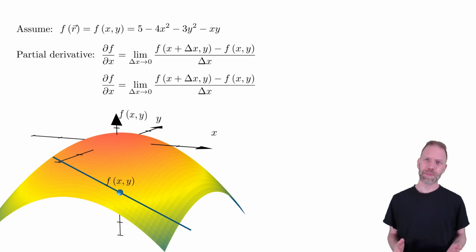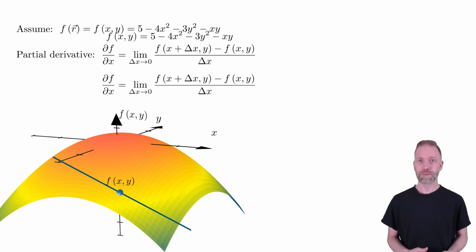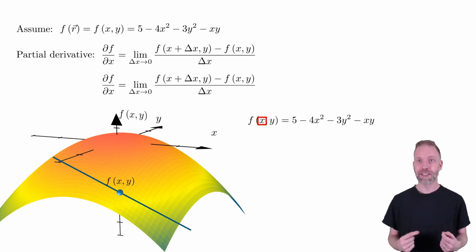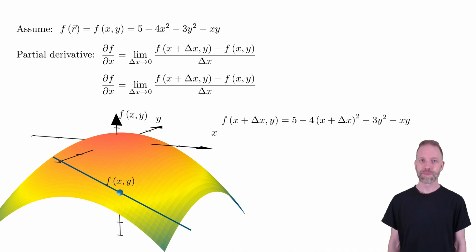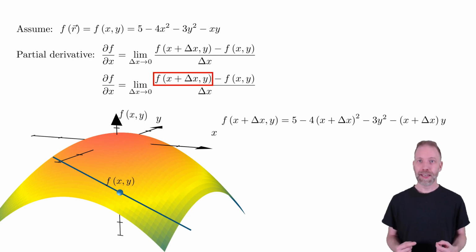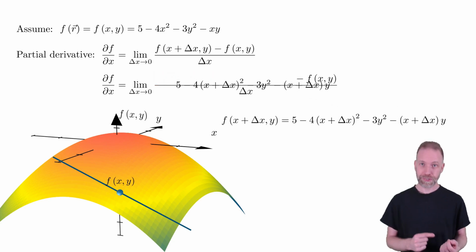Let us do a quick demonstration of how to use the definition for our example function. As a first step, let us calculate the function at the position x plus delta x. Then insert this expression into the definition of the partial derivative.